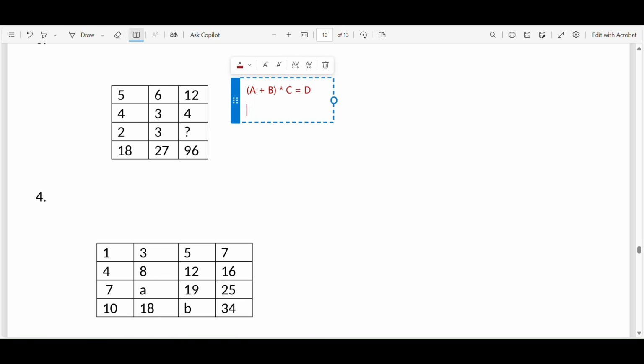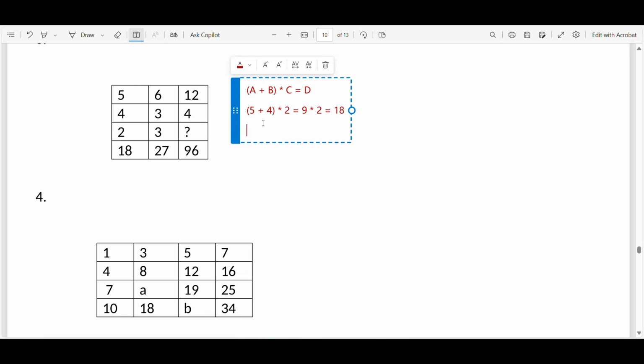So when you use this formula where A is 5 here and B is 4, after that you need to multiply it with C which is 2. Then what is the answer you will be getting? It should be equal to 18. So 5 plus 4 will be 9, and when you multiply it by 2 you will be getting 18. So this is true.